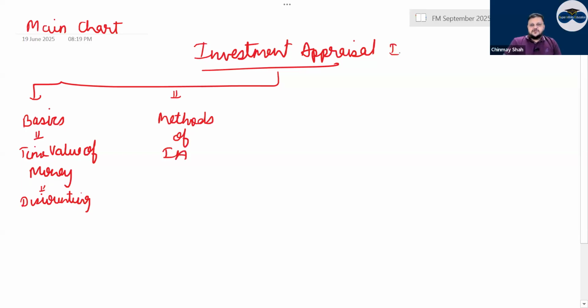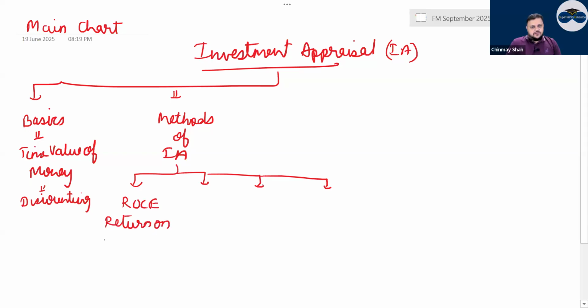IA means investment appraisal. Methods of investment appraisal. There are 4 methods, right? One is ROCE, that is return on capital employed. ठीक है. Then there is payback period plus discounted payback period.